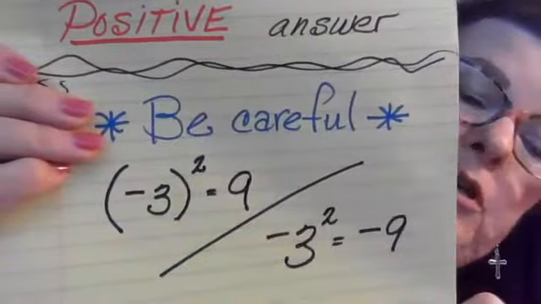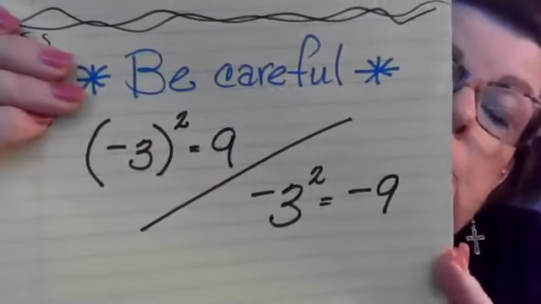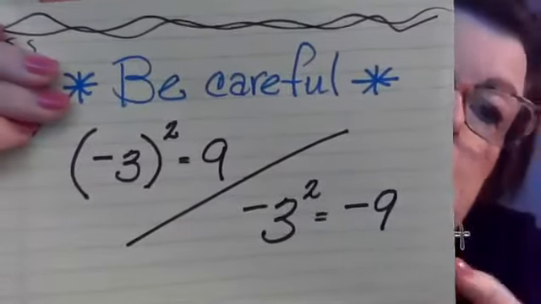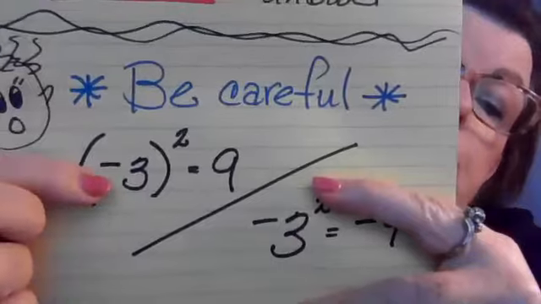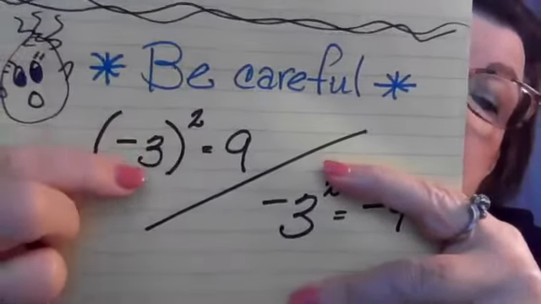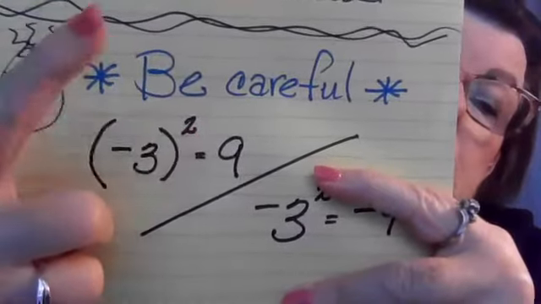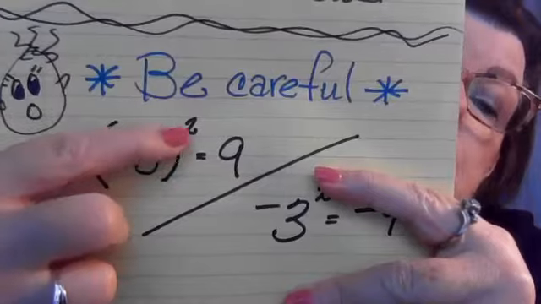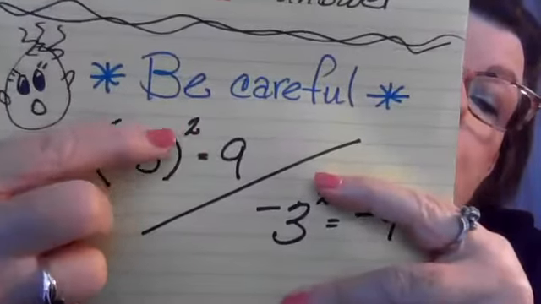The calculator does all of the order of operations the way that we learned them, and we learned them because that's the way the calculator does them. Now, when we do a -3 in parentheses squared, this is how I think about it. Notice how the 2 is touching the parentheses. It's not touching the 3, it's touching the whole parentheses.